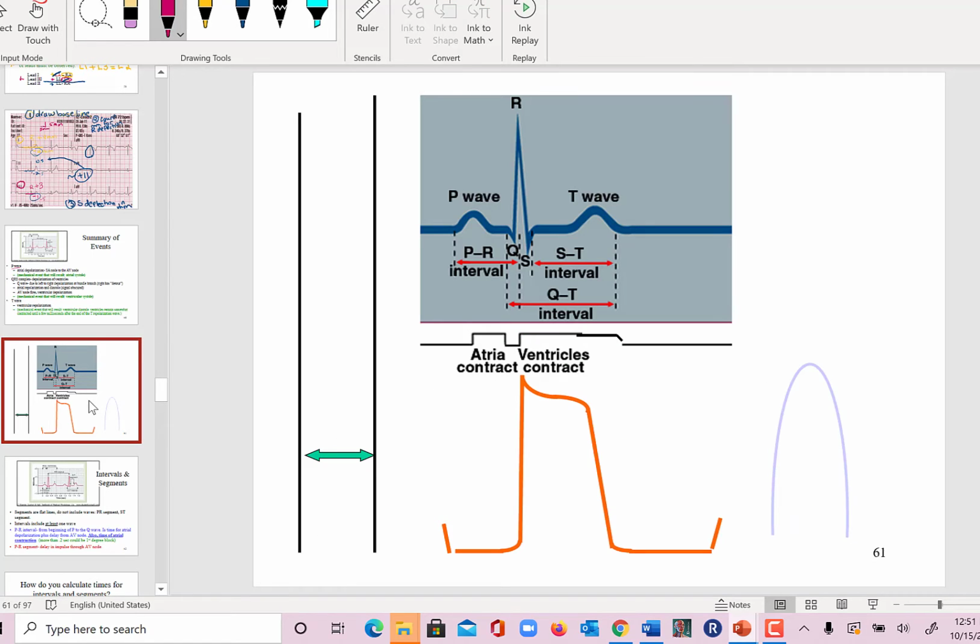When people say that an EKG shown here in the top picture in the blue ink looks like an action potential, I understand that. It does look like an action potential, but it is not an action potential. It is a comparison of two vectors.